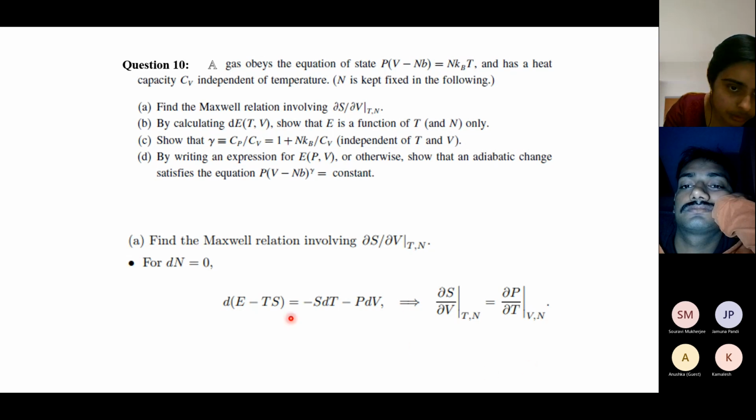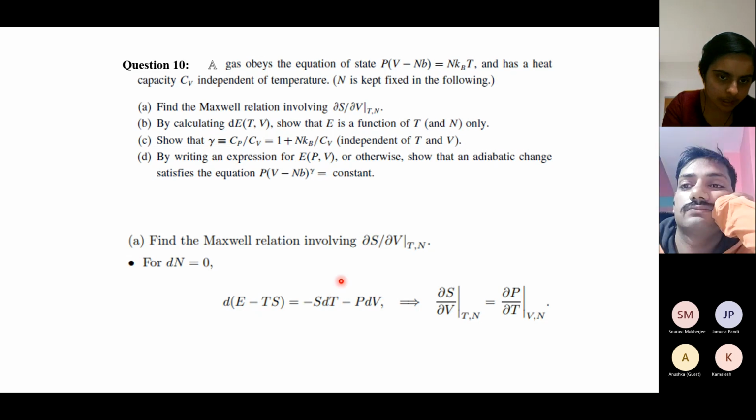But it's important to choose the correct potential, and how you choose that is what is being told in this question. Because it's differentiated with respect to V, keeping T constant, you need a potential which depends on T and V. That's how you choose to start with the Helmholtz free energy. Is that clear? Yes, ma'am.